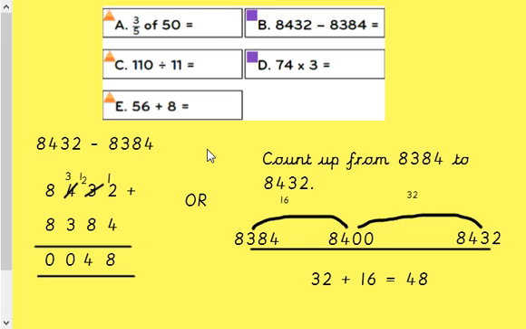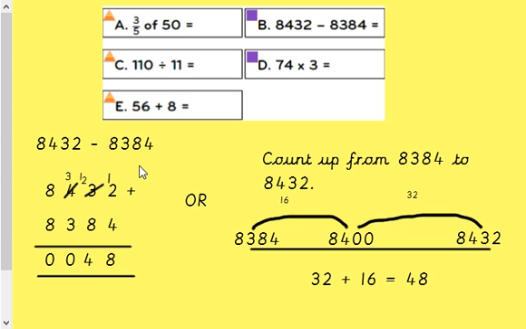Okay, next question, 8,432 take away 8,384. Now, the first thing I'm noticing is that these 2 numbers are quite close together. So I will give you a written method, and then I'll try and give you a mental strategy that you might be able to use as well.